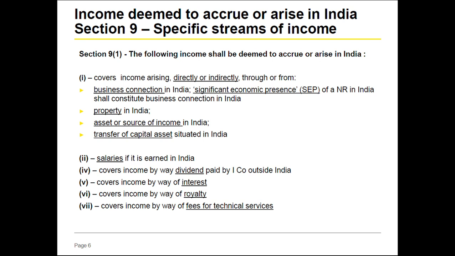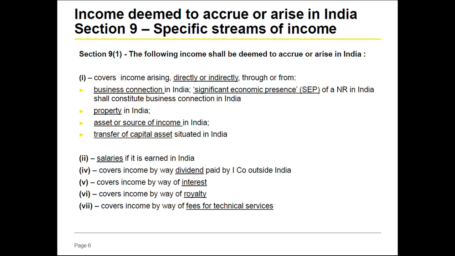This has a threshold limit: the amount of 2 crore, or the number of users of the foreign entity connected with India being 3 lakh or more. That is significant economic presence.